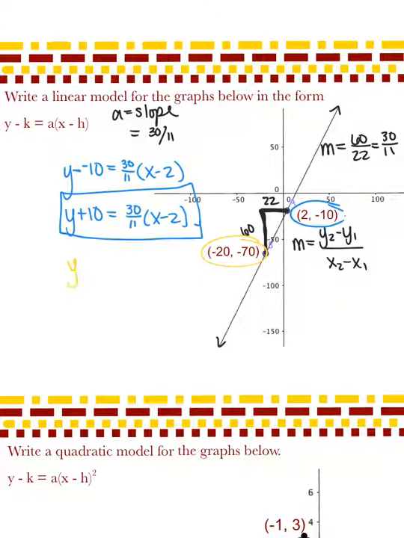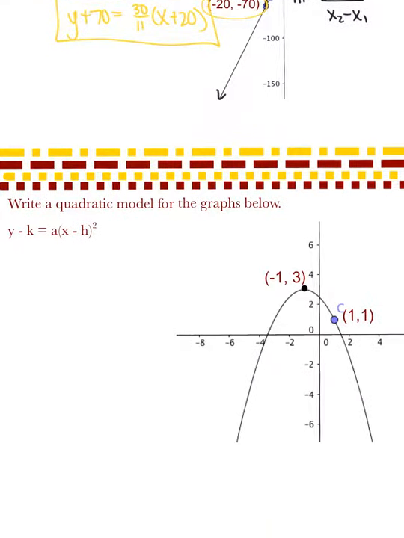If you did, you'd have y plus 70 equals 30/11 times x plus 20, because it's minus a -20. So you could have had that as well. Since those are the only two explicit points that are given, they're probably the only points that I would choose to use. But of course, there's an infinite number of points on this line you can pick from.